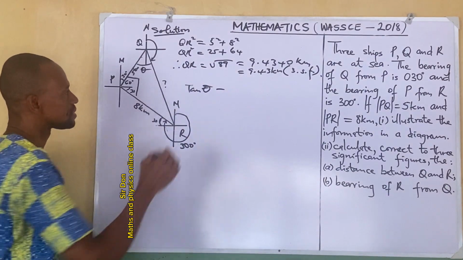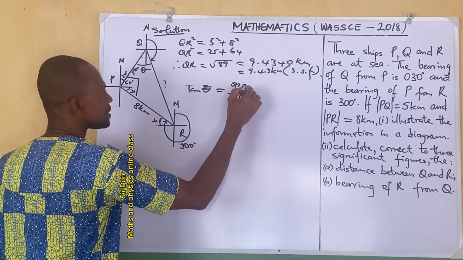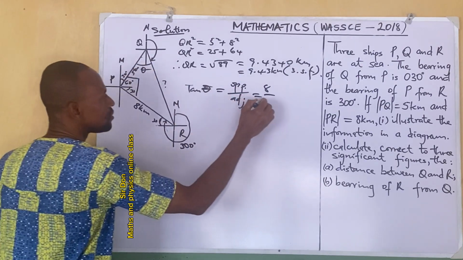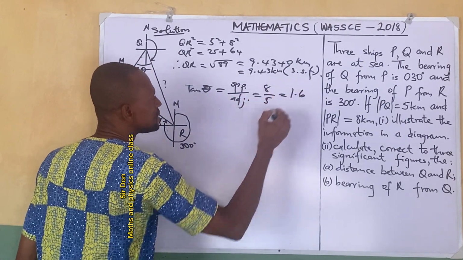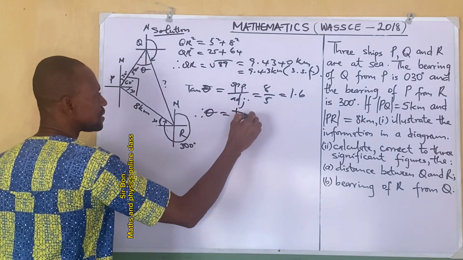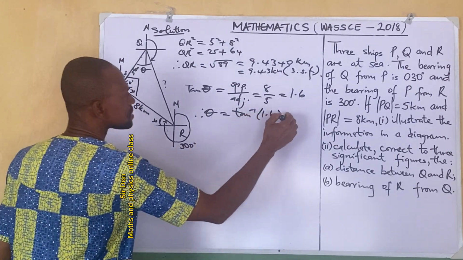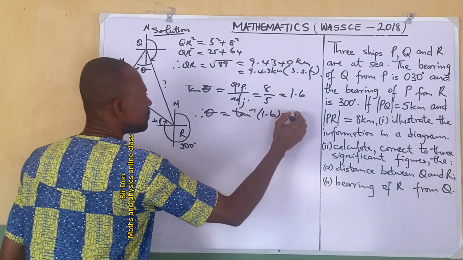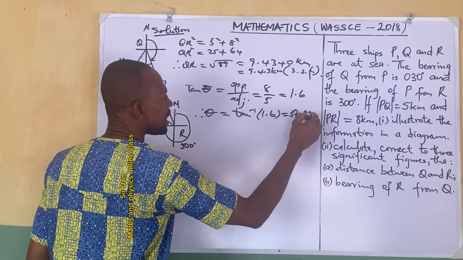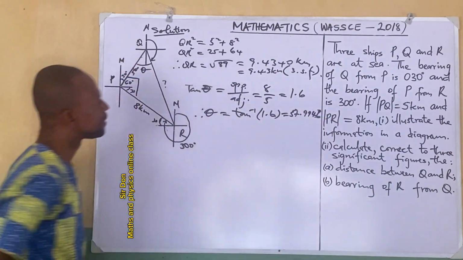Tan theta equals opposite over adjacent, which is 8 kilometers over 5 kilometers, equal to 1.6. Therefore, theta equals arctan 1.6, which is about 57.9946 degrees.